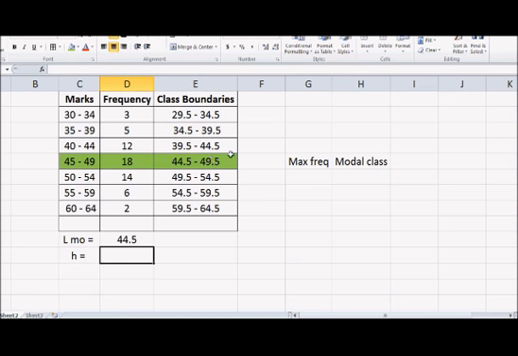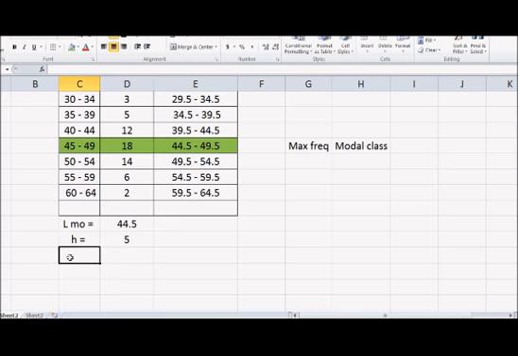Though here it's 4, here we see it is 5, so width is 5. Next we can take the frequency values. Frequency of the model class, which we see here, is 18. The frequency before the model class is 12, and the frequency after the model class is 14.